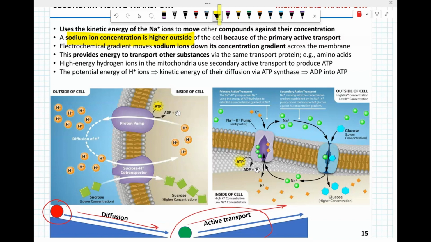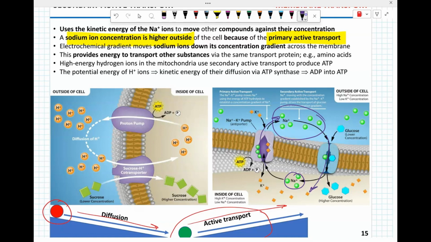This is because of the primary active transport, the sodium-potassium pump that we just discussed. It means that the overall electrochemical gradient moves sodium ions right here into the cell.